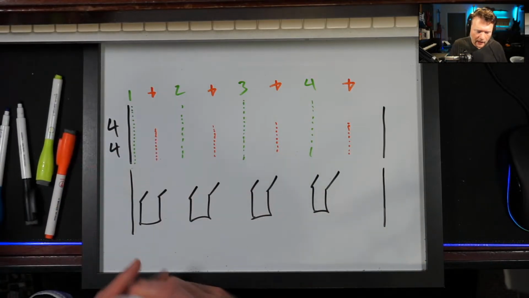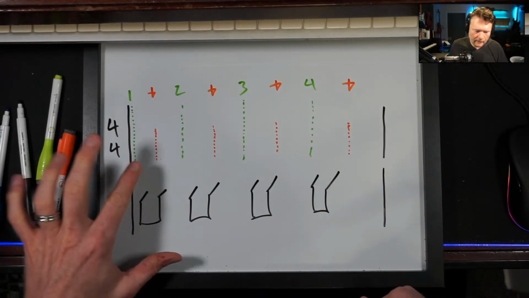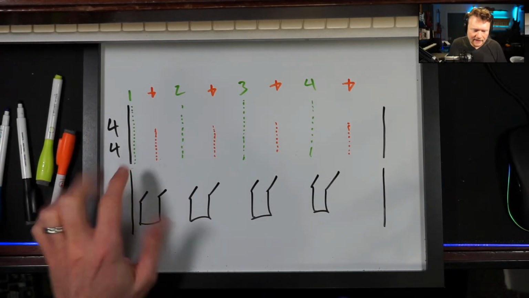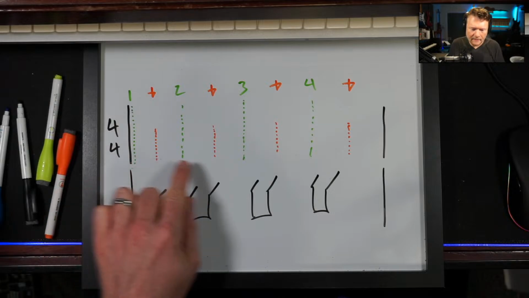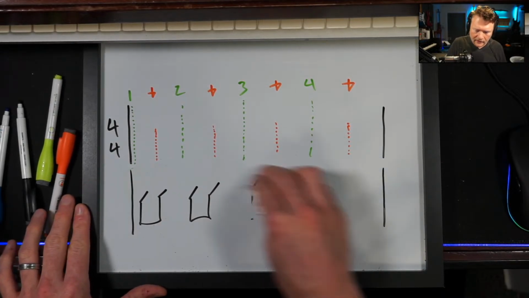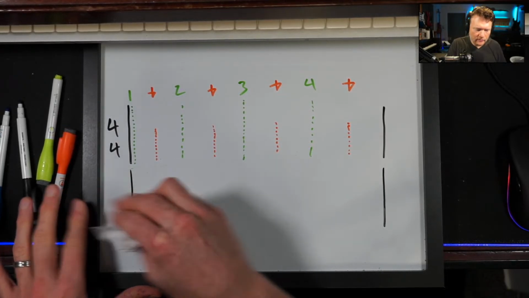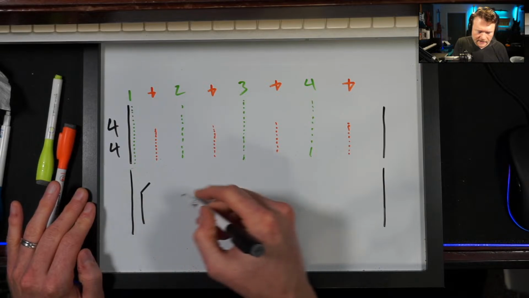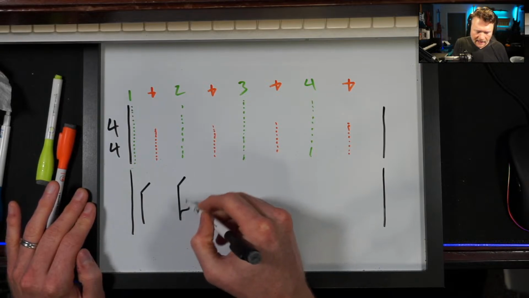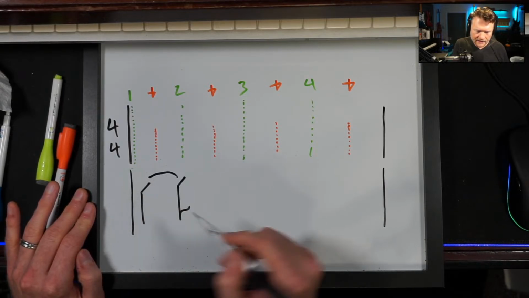But what if I don't want to do that? I want a note to last not just half a beat or a whole beat, but a beat and a half. Then I can use one of 2 methods. The first, which we talked about, is a tie. This is an eighth note right here, and I could tie these together.